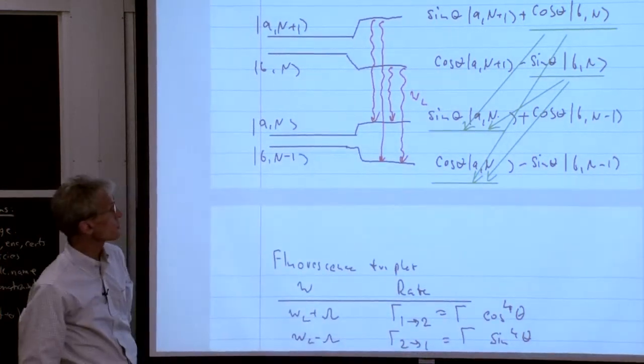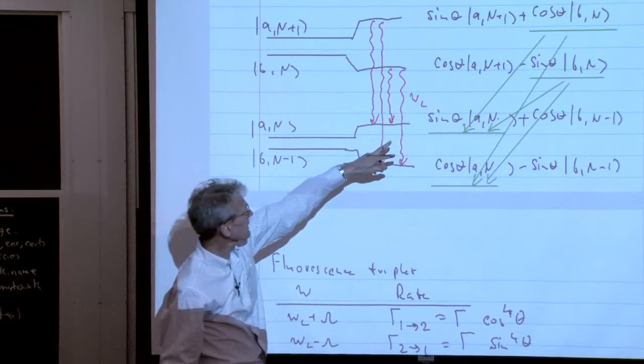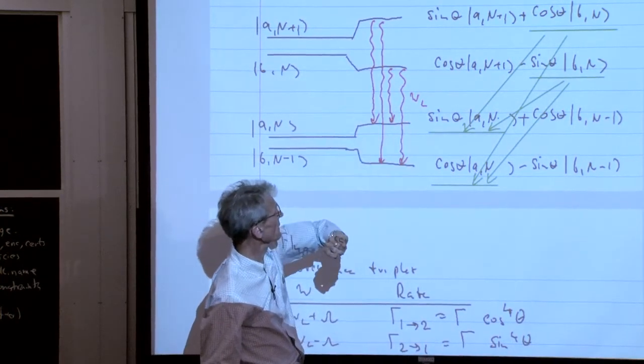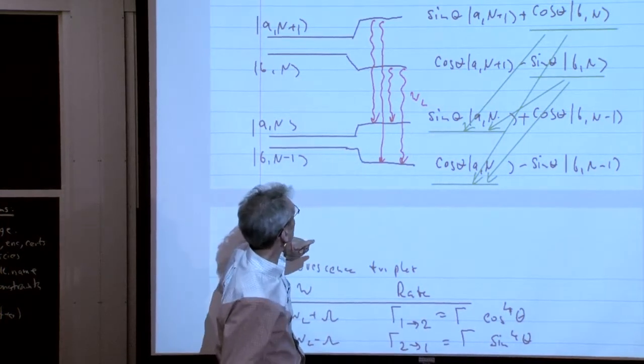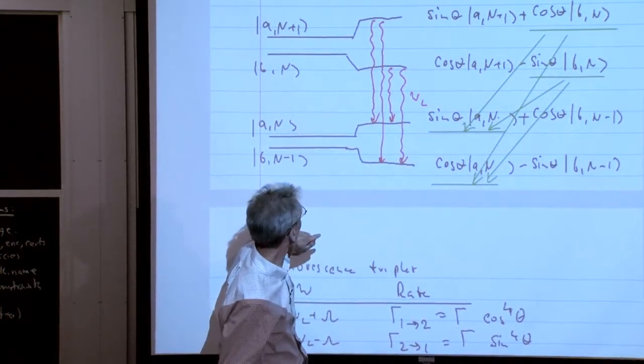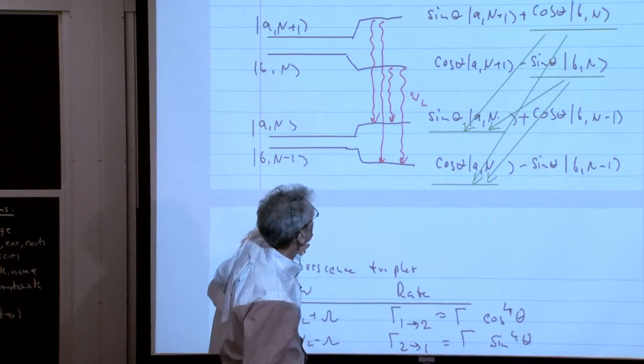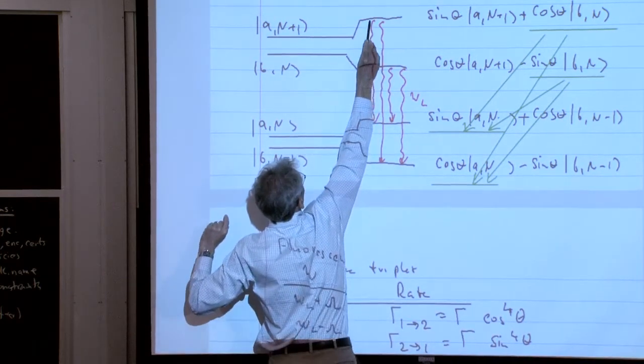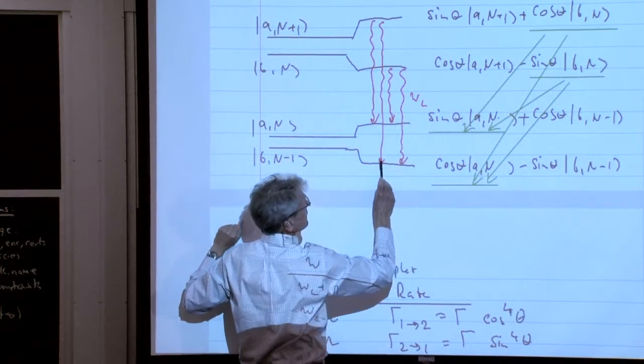But now we can do the following. I've just written down for you the solution of the wave function with sine and cosine theta. If we want to emit the blue sideband, we go from the top to the bottom.